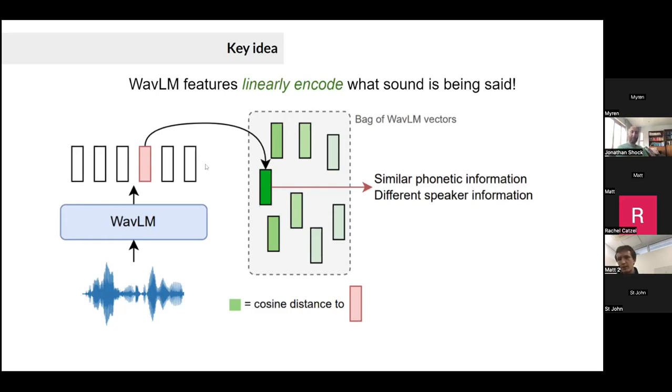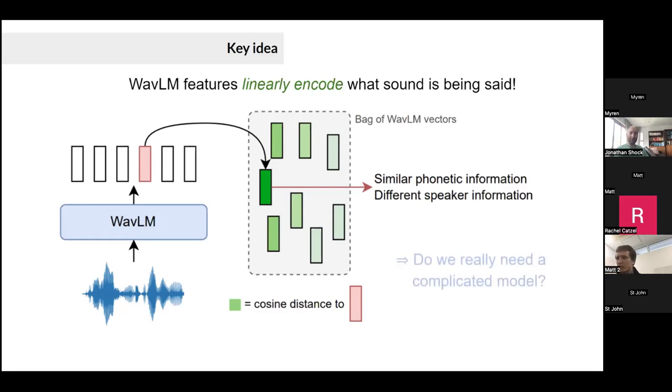So if I speak some sentence and I trim out a little bit where I say the B sound, and I have a bunch of other vectors taken from recordings of you or from Obama or someone, I just shuffle those vectors together and find the nearest vector. That nearest vector will be Obama saying the B sound. It'll be the same phonetic information, but different speaker information. And this is just a linear cosine distance. Does that make sense, everyone, more or less?